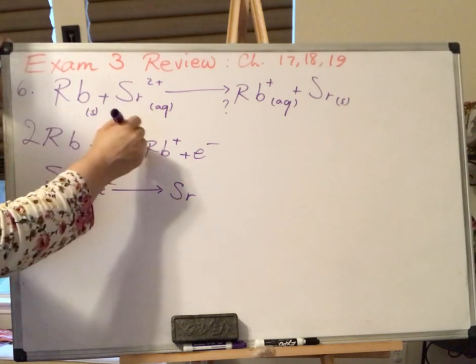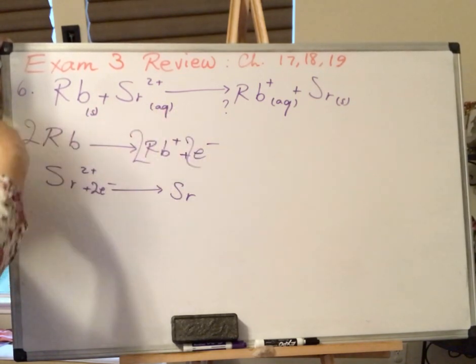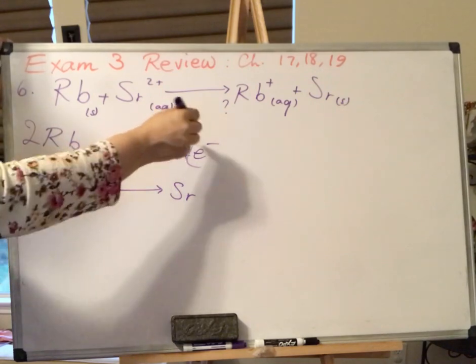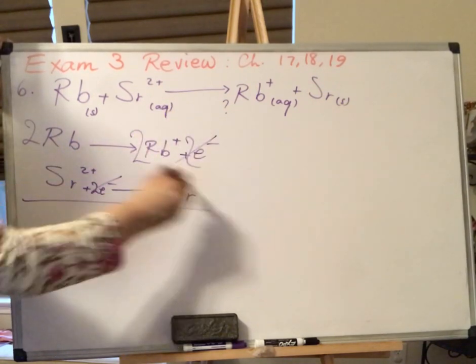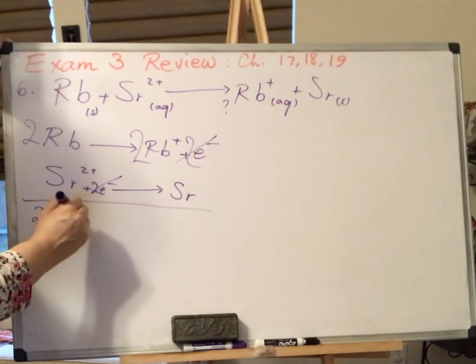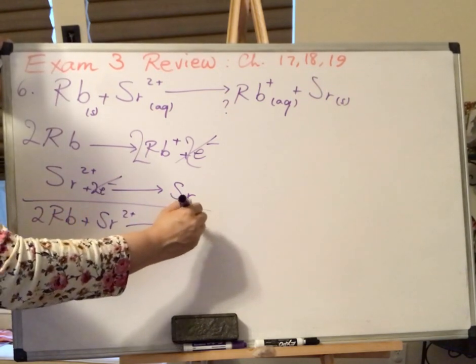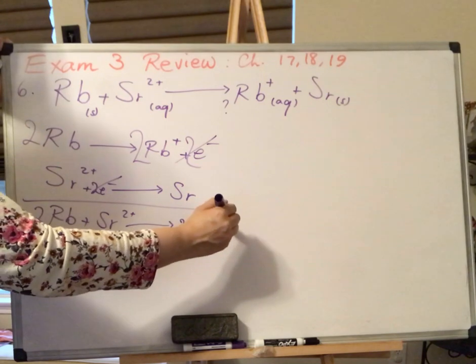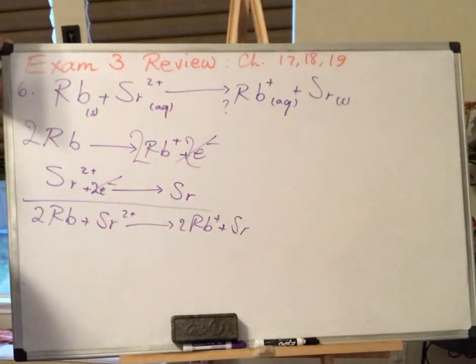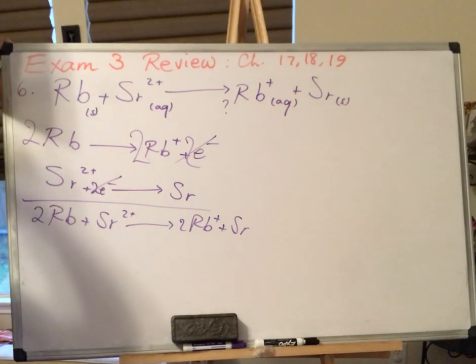You add 2. Just to make sure we are doing everything right, 2 rubidium ion plus strontium, with 2 electrons.